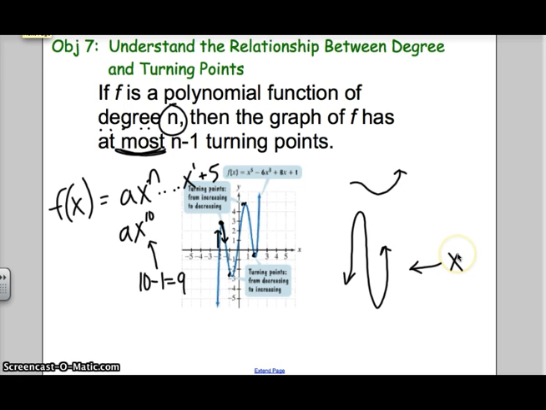A highest degree would be x to the 3rd here, because it has 2 turning points. Okay, the x to the 3rd would be the smallest degree. Excuse me. It could be x to the 5th, because this one could be a 5th power polynomial, but x to the 3rd would be the smallest degree. This could not be an x squared function, as we all know. Okay, so keep those things in mind to help us decide what the graph looks like.